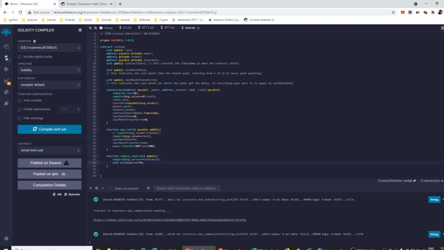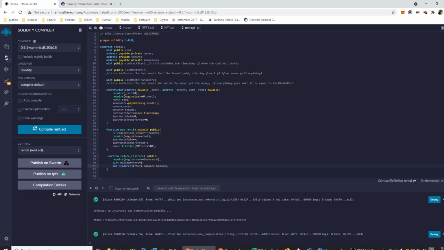Okay. Now we calculate the quantity to be paid. I set it as int and not uint because it could become negative, and now we show you why. So address this dot balance minus minimum.